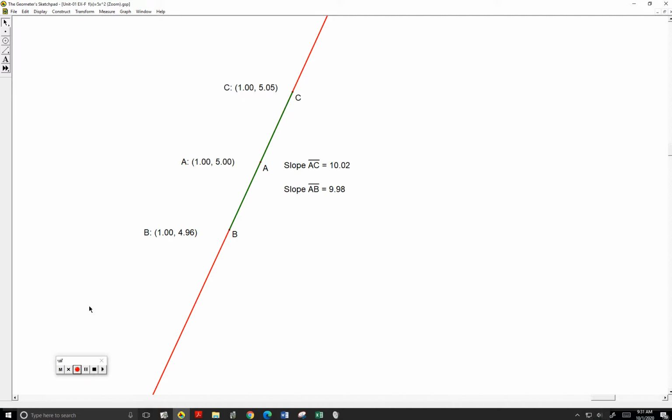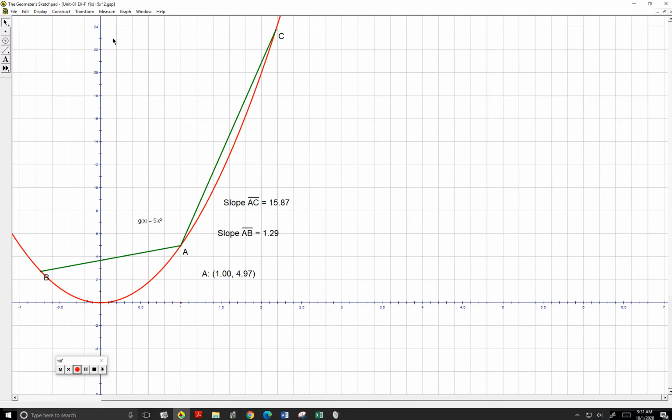Once the slopes are really, really short, it becomes possible for us to see that if we could somehow make this point here become even closer, we would end up with a slope that appears to be 10, because it would be between those two secants. Okay? We want to do that for every single point on this function, so we can find the slope at every single point. That's a very tedious and time-consuming process. So long ago, some mathematicians came up with that shortcut sheet that I just handed you, that sheet of rules.